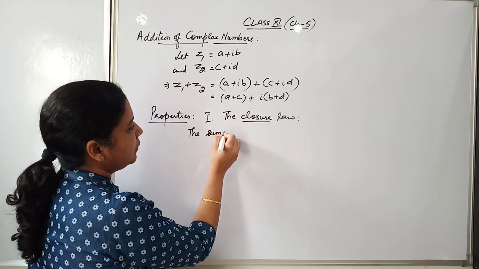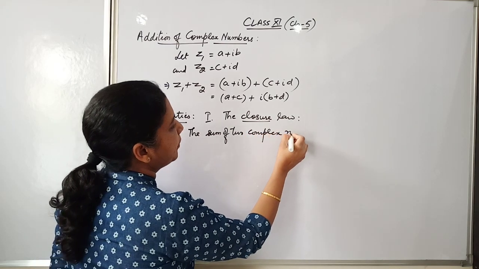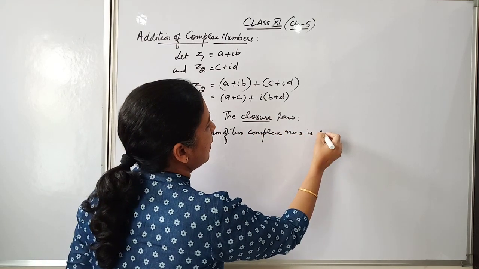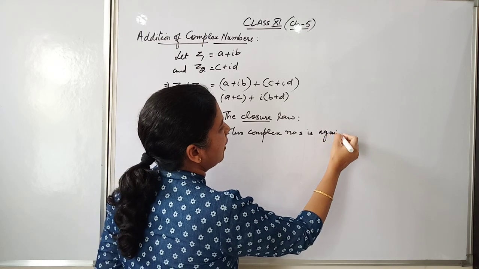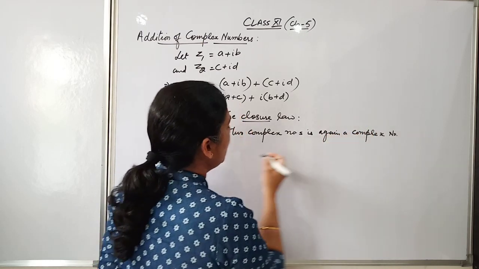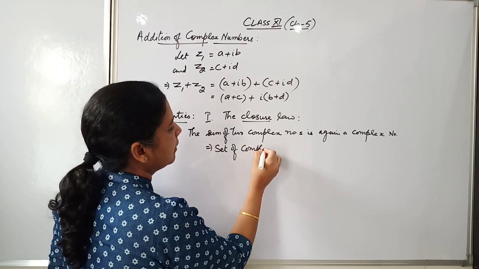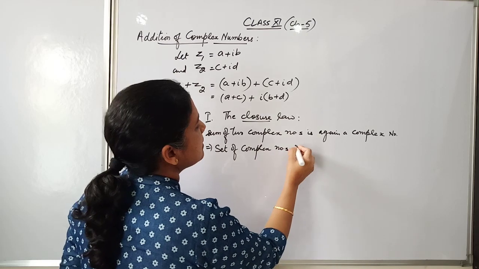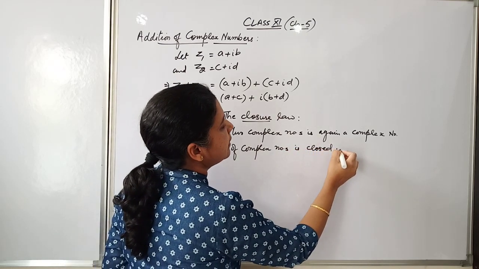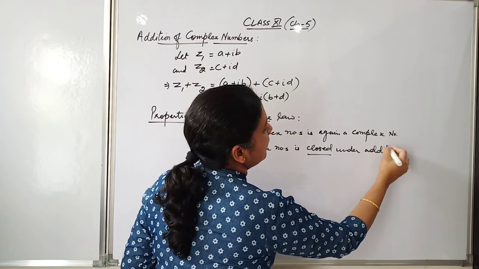The sum of two complex numbers is again a complex number. Therefore, the set of complex numbers is closed under addition.